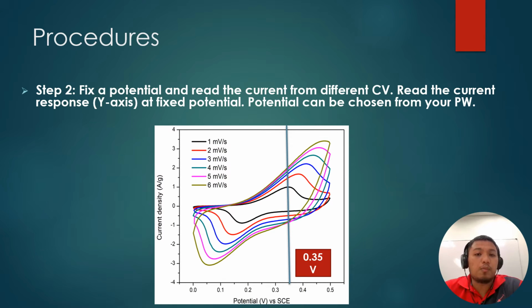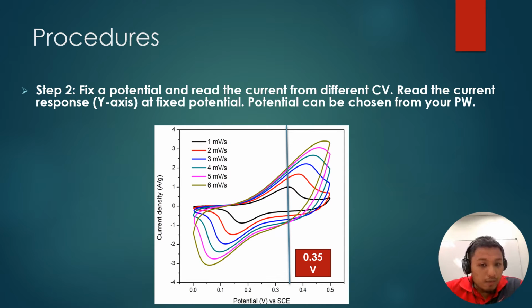In terms of potential, a lot of questions arise. They ask, should we focus on the prominent redox peaks, or prominent oxidation peaks, or prominent reduction peaks? The potential doesn't matter. The only rule here is to fix your potential. So here I fix at around 0.35 volt.